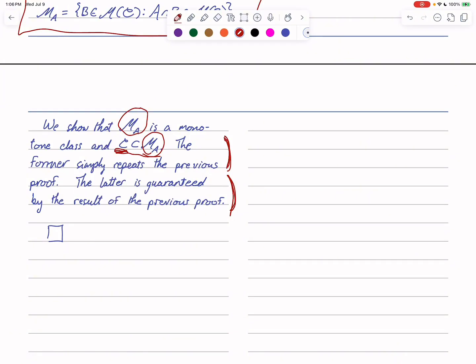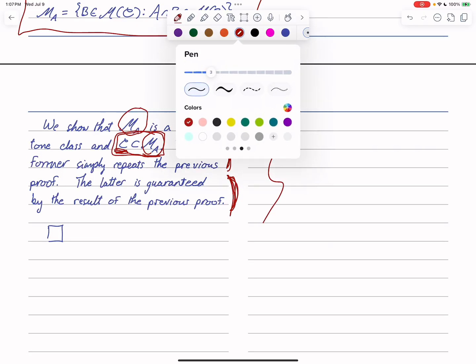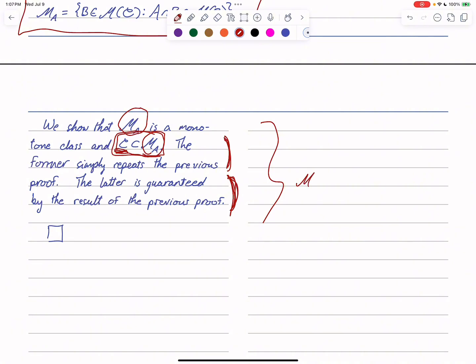So this part is guaranteed by what we just proved, and there you have it. Since this is a monotone class that contains the generator, this altogether entails that the monotone class generated by C is contained within M sub A.